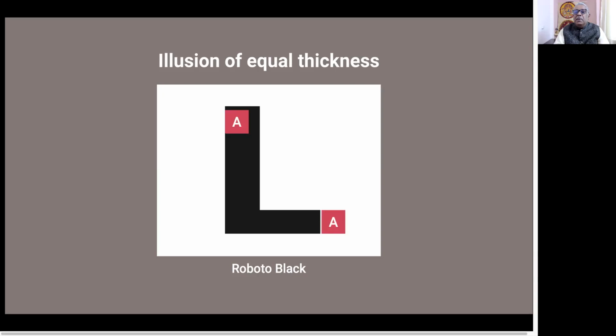If you look at the mathematical values, the vertical stroke is much thicker than the horizontal stroke. But because of certain aspects of the eye and the way we perceive things, we have to make these corrections to achieve an appearance of a font where all the strokes appear to be of the same thickness.